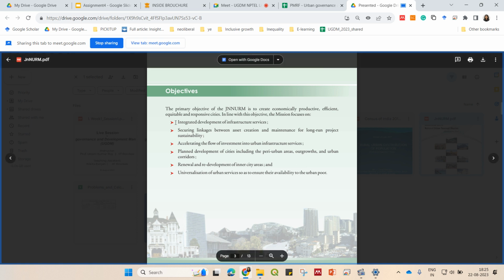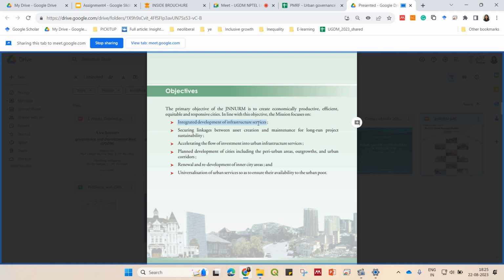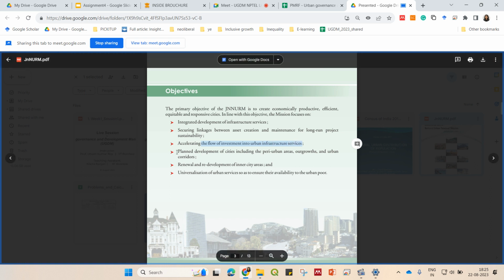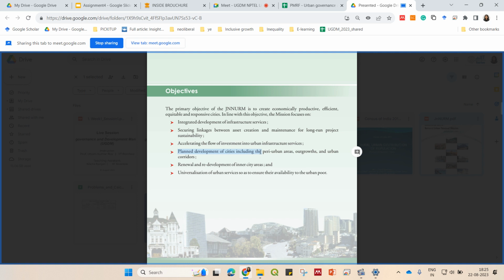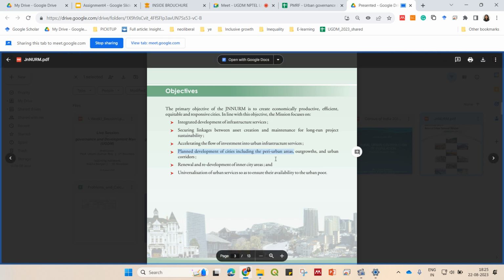You can see that it focuses on integrated development of infrastructure services. It focuses on securing linkage between asset creation and maintenance for long run project sustainability, so not only for the short run but the long run as well. Then accelerating the flow of investment into infrastructure services, planned development of cities, including peri-urban areas, outgrowths, and urban corridors.